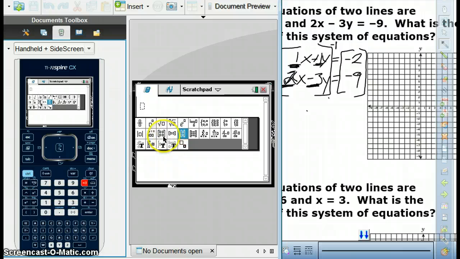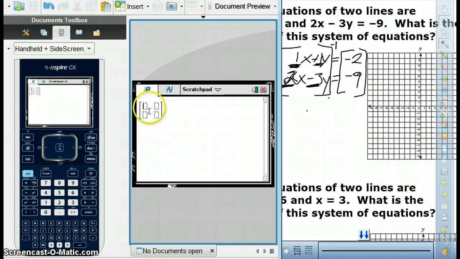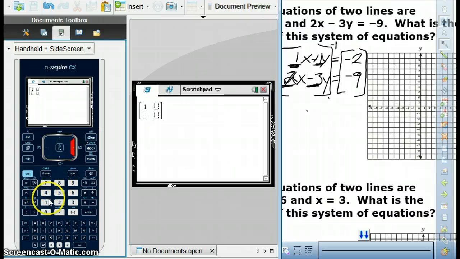The one that looks like my coefficients is the one that has 2 rows and 2 columns. If you press on that one, it's going to give you a matrix with empty spots, and we're just going to plug our coefficients in there. Along the top row we're going to have 1s, and then use your arrow keys to get down to the bottom row. Along the bottom row we're going to have a 2 and a -3.